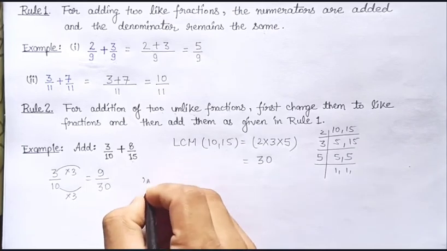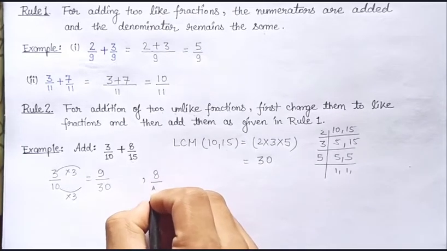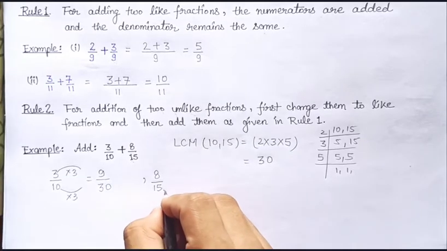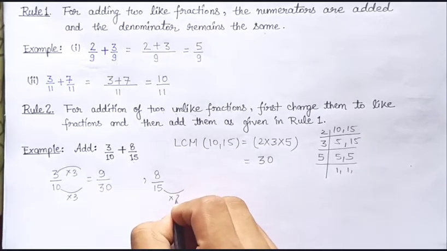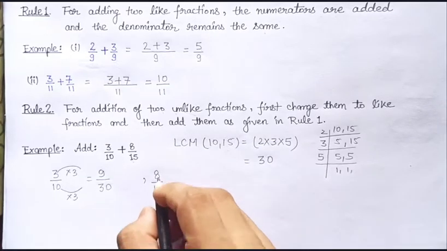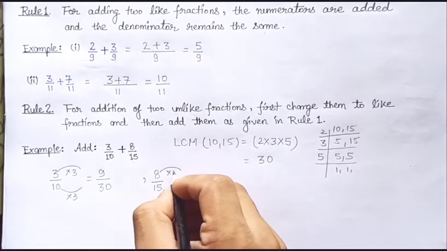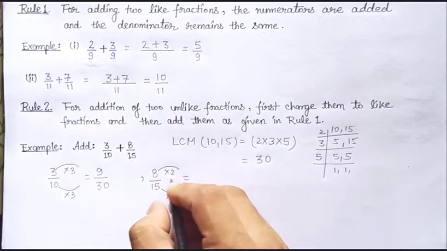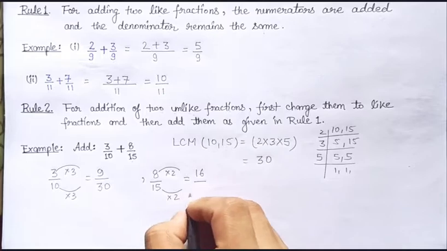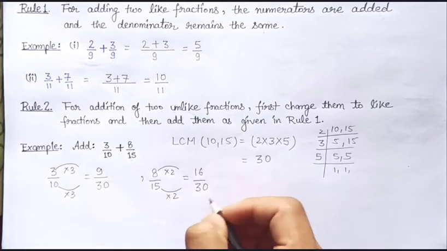The second fraction is 8 divided by 15. When 15 is multiplied by 2, it gives 30. And if we multiply the denominator by 2, we also multiply the numerator by the same number 2. So we have 8 into 2, 16, divided by 15 into 2, 30.